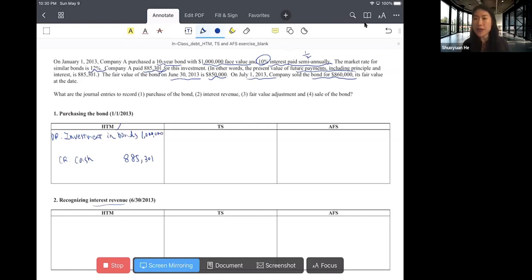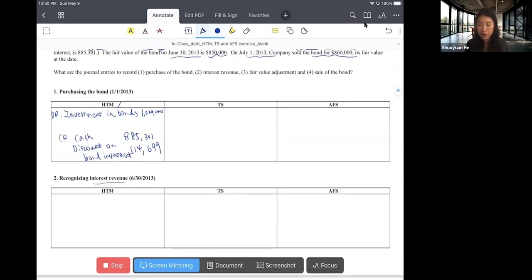And this journal entry does not balance. The imbalance is at the credit side for 114,699. And this is recorded as discount on bond investment. So this is your first journal entry when you purchase the bond.